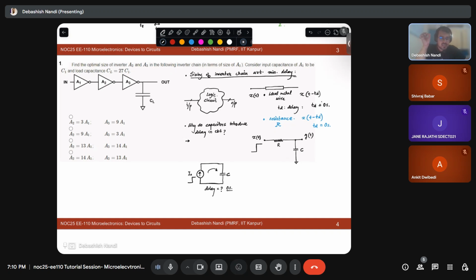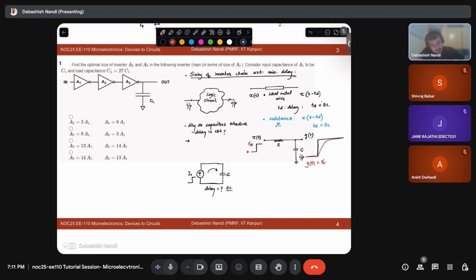So in summary, you need to have a resistive element, the dissipating element of power, and also a storage element in the circuit to have non-zero delay. So in this case, if this is your input signal, your output, as you know, will be slowly charging, right? And this Y(t) equation you can easily write. Let's say this value is 0 and this value is VDD.